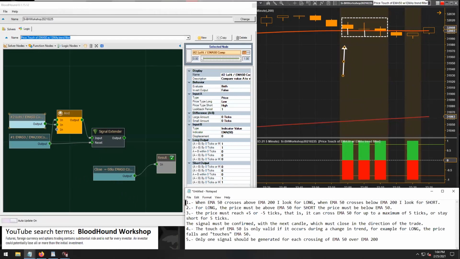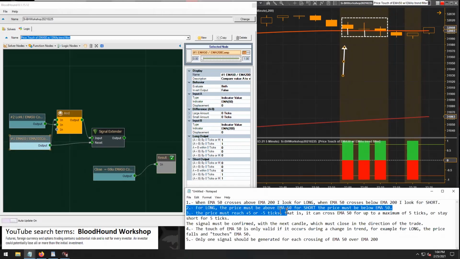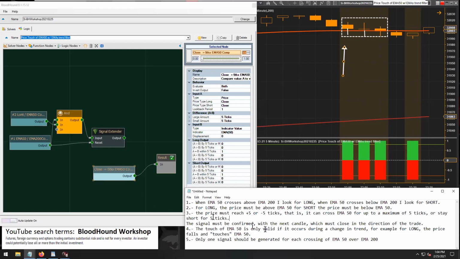So condition number 1, well, that's this node right here, this comparison solver. So I can just name it number 1. And then condition number 2, that's this node up here, so I can number it number 2. That just helps you refer back and forth. So this is number 3.